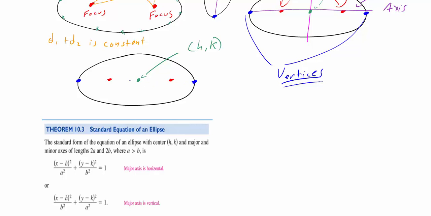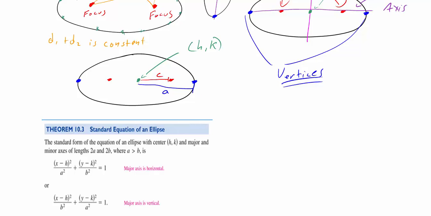So here we're going to describe the distance from the center out here to a vertex as a distance of a. And then if we go from the center to one of your foci, that's going to be a distance of c.